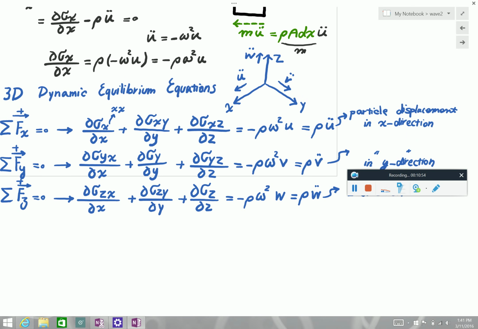So these are the equilibrium equations that we have.